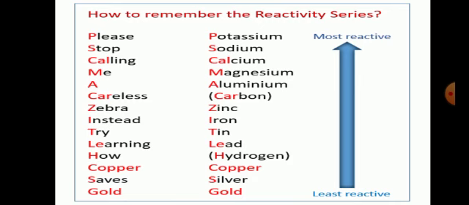Fine. Here you may be confused, as we have two S. So remember that you can even remember by taking the symbol of silver. Okay. So copper saves gold, that is, gold is for gold. In this way you can remember the reactivity series, and I hope that this will be helpful for you.